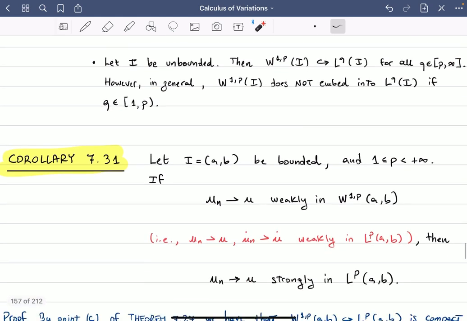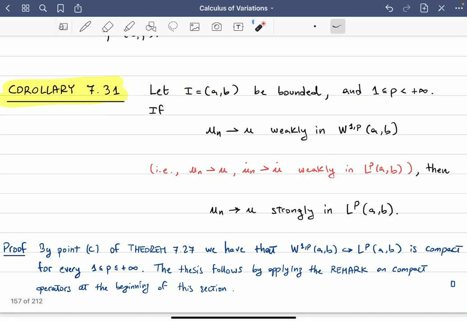Okay, a corollary of the theorem is the following. This is just a corollary of point C, so of the embedding W1P compact in LP for I bounded. So let I equal to AB be a bounded interval and P larger or equal than 1 and less than plus infinity.